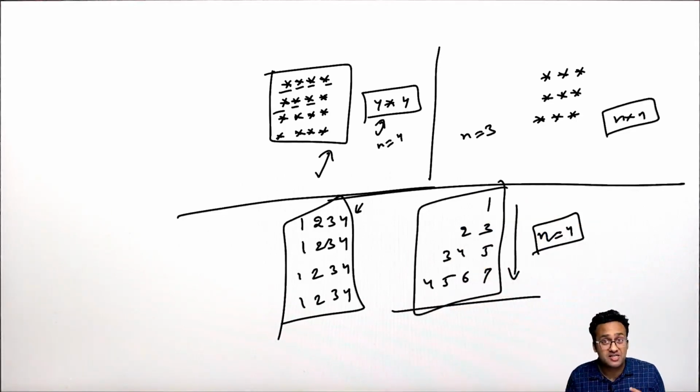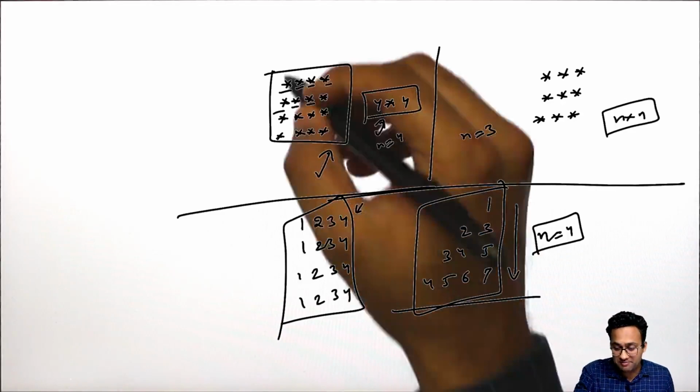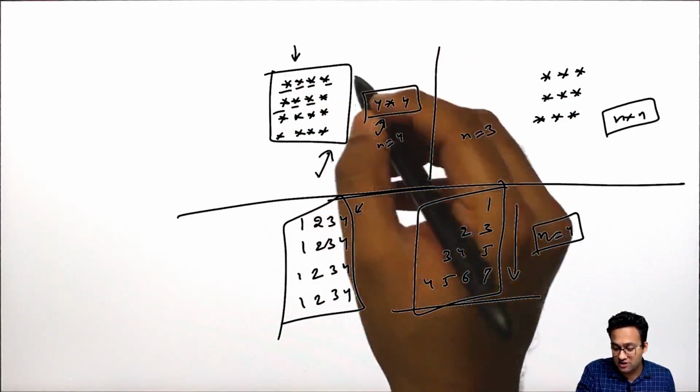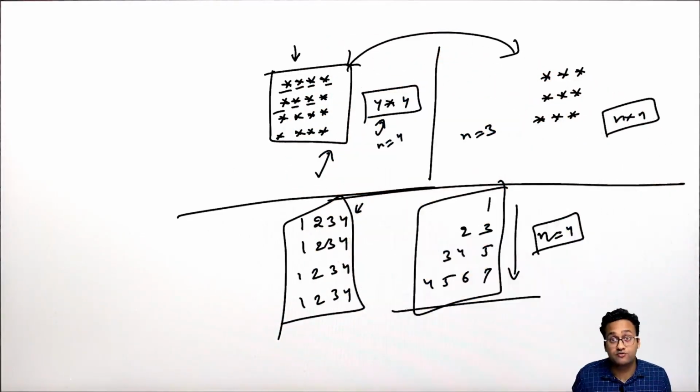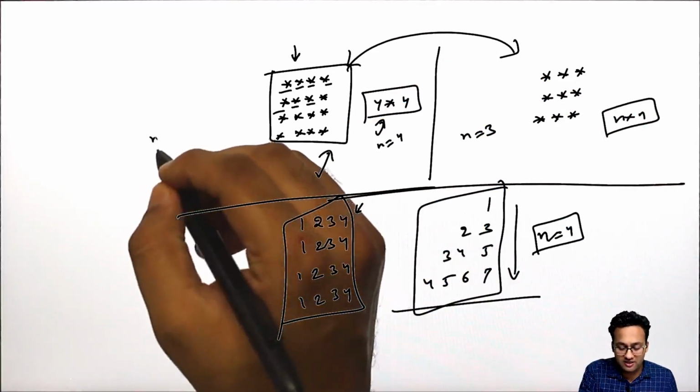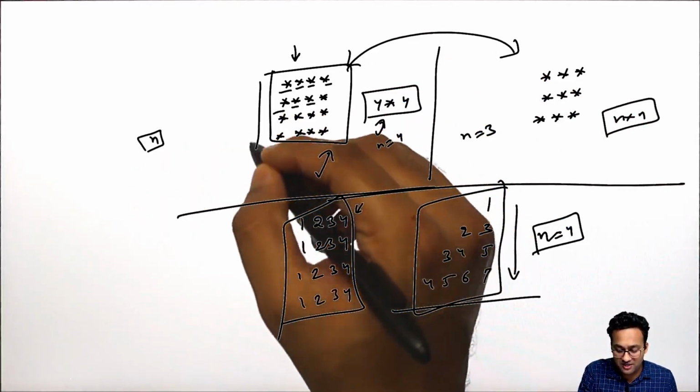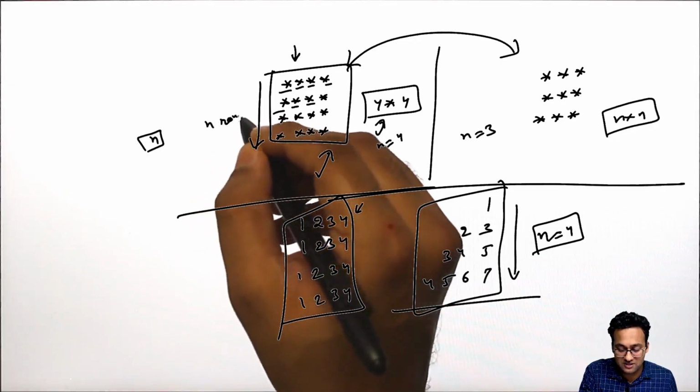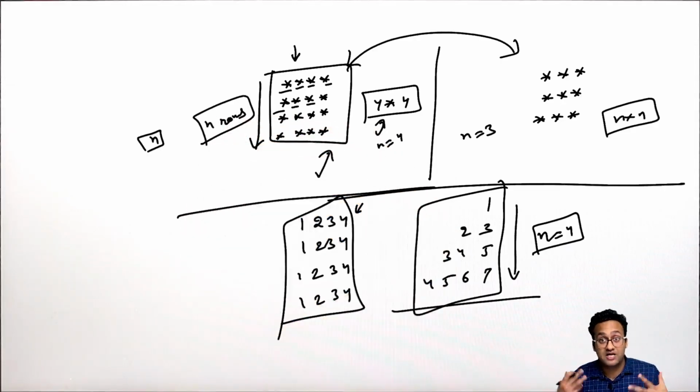So what happens is, given any pattern, you need to spend some time figuring out what exactly is happening here. For example, if I give you these two examples and I ask you to write code for this, I think what you need to understand is, first of all, given n, I'm going to have n rows. That's the first thing that should come to your head, that my pattern has n rows.